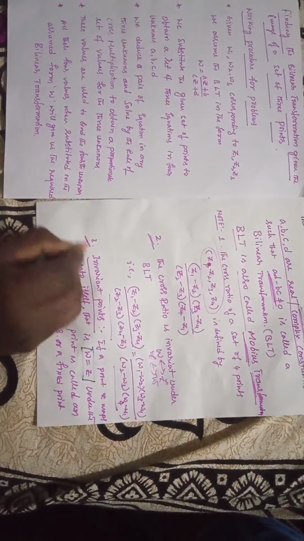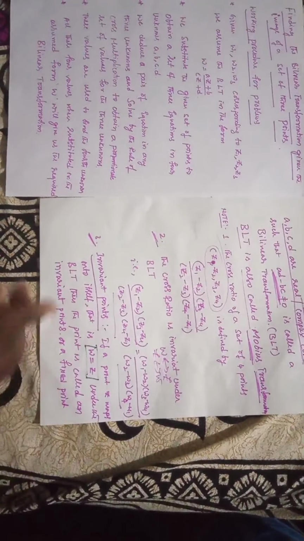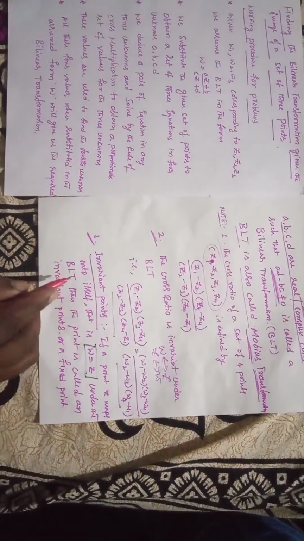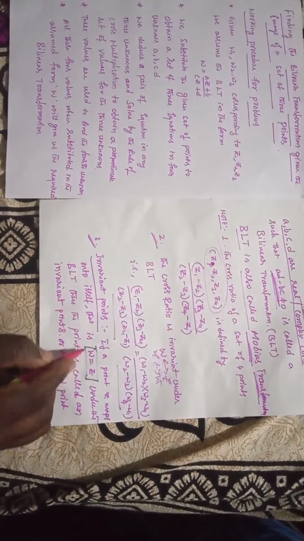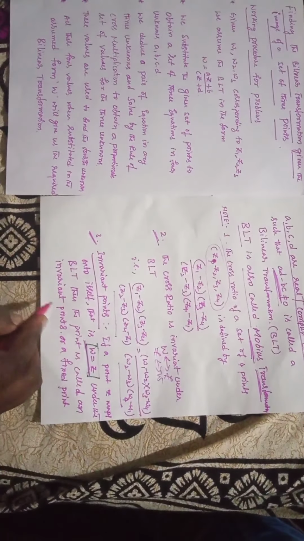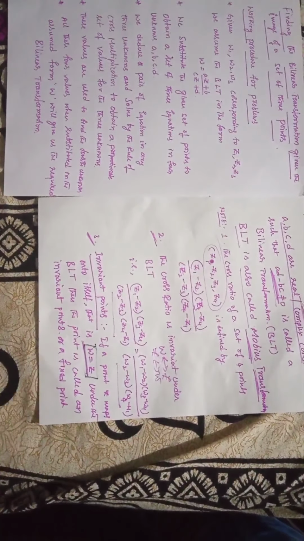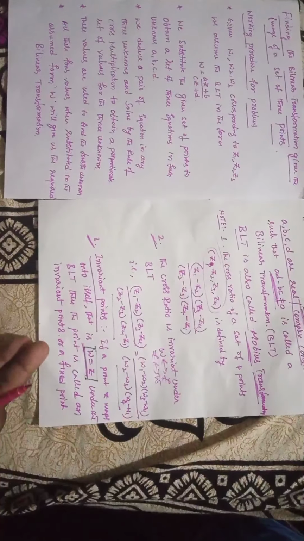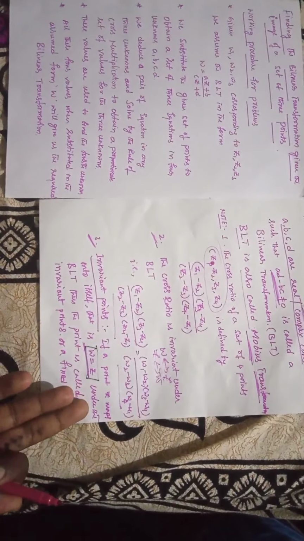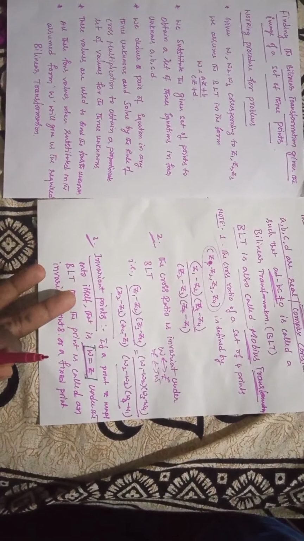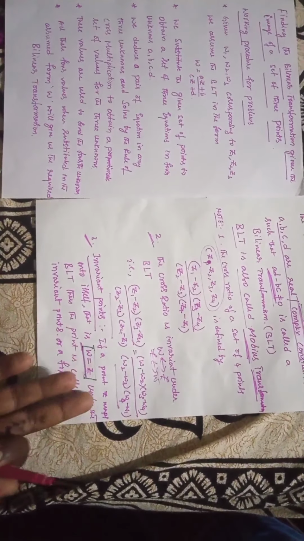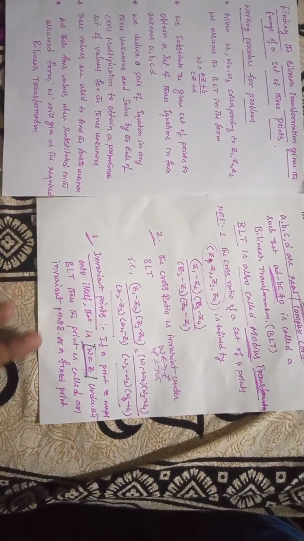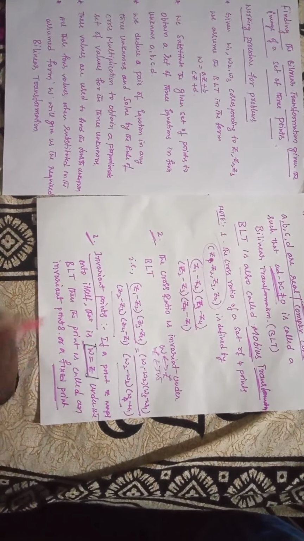And the third note is invariant points. If a point Z maps onto itself, that is W equal to Z, under the bilinear transformation, then that point is called an invariant point or a fixed point.